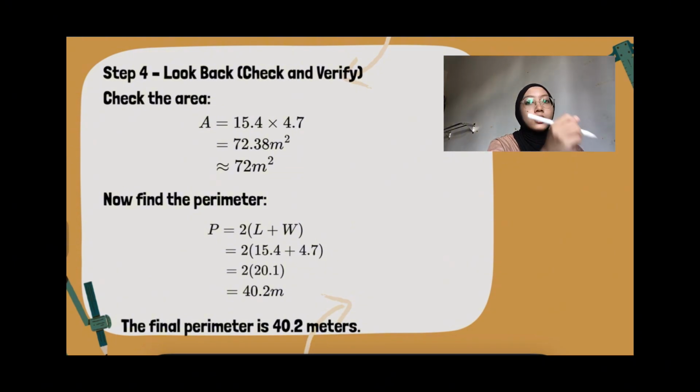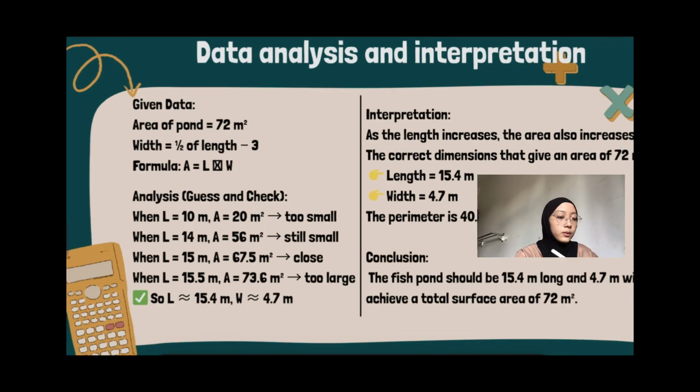Now find the perimeter. Perimeter is 2 times length plus width. So the perimeter is equal to 40.2 meters. The final perimeter is 40.2 meters.